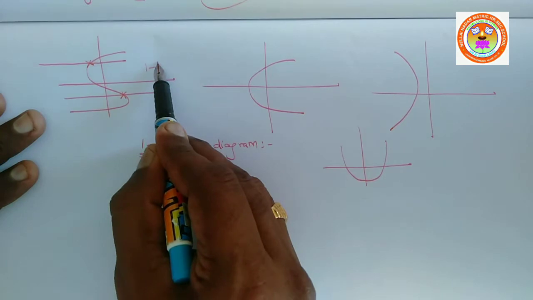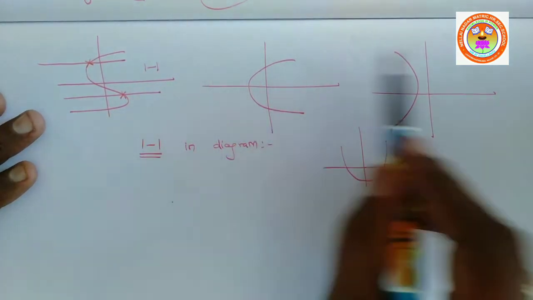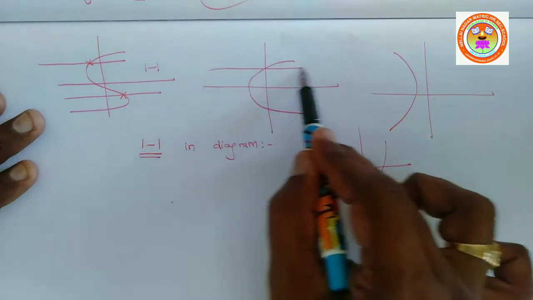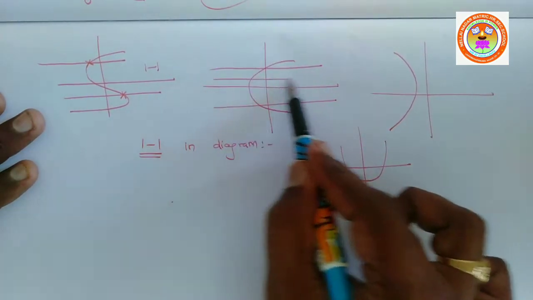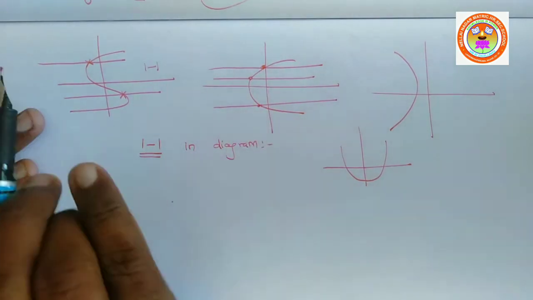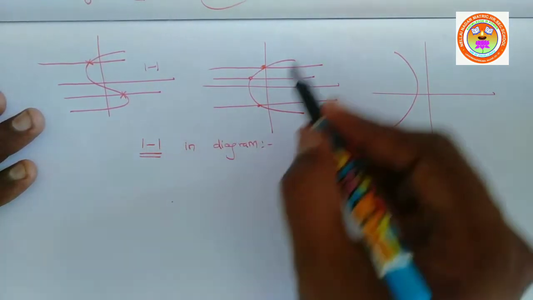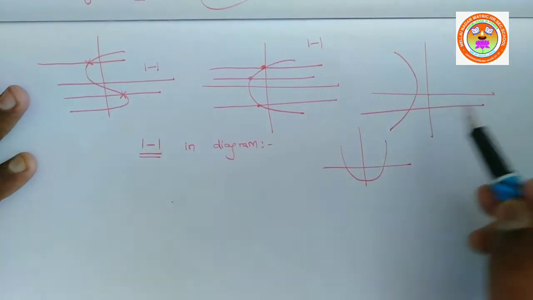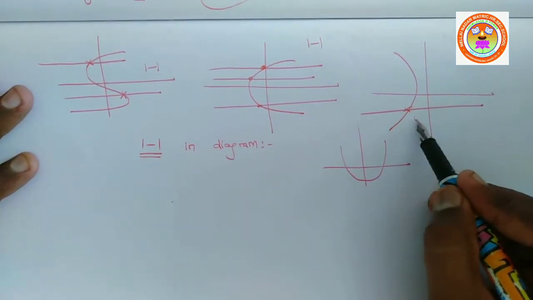Therefore, it is one-to-one. You can draw here, here, here, it cuts only at one point. The horizontal line cuts the curve at only one point, therefore this is also one-to-one. You can draw the horizontal line test in this graph too, it cuts at only one point, so it is also one-to-one.